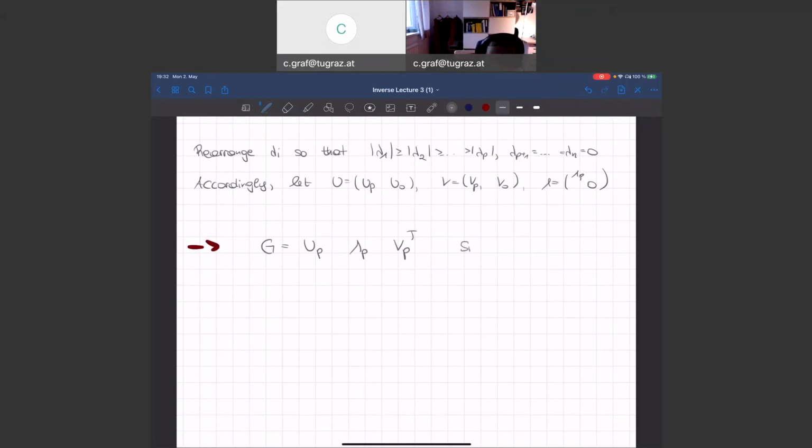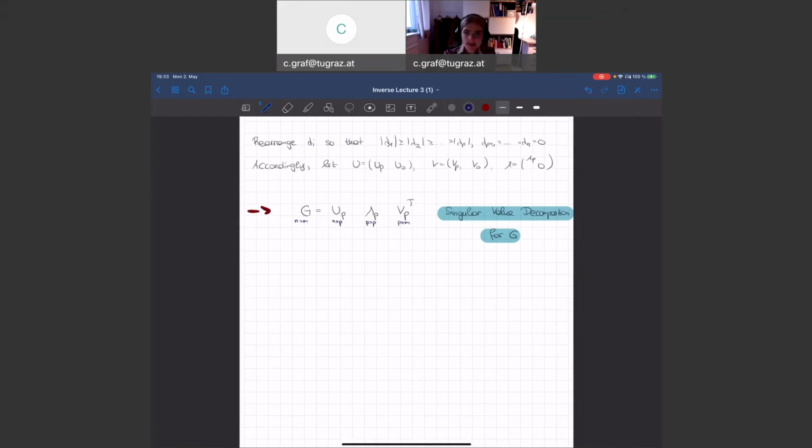And we call this thing the singular value decomposition for T. So the question left is, what are the dimensions of the matrices? T is n by m, Up is n by p, lambda p is p by p, and finally Vp is p by m.